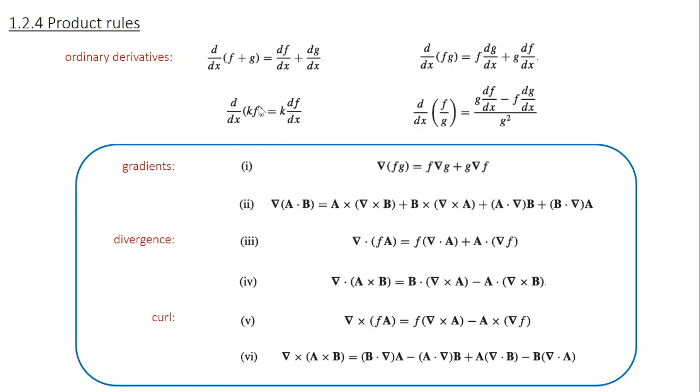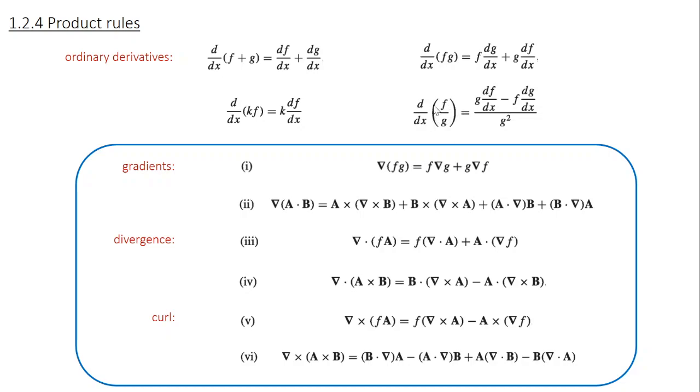If you multiply the function f of x with a constant k, then d by dx of kf, constant is unaffected by the differential. So you can take it outside the derivative and write k into df by dx. Similarly, product of two functions f and g, d by dx of fg equal to f into dg by dx plus g into df by dx.